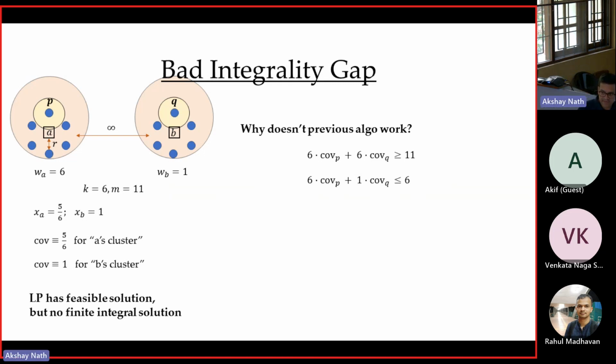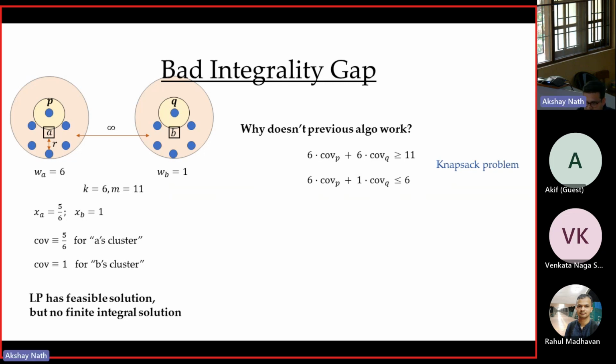And now, in a generic instance, you start with a general instance, and you will end up with these 2 inequalities. What is the question that you want to solve? You want to open facilities whose total weight is at most 6, that's the right hand side of the second inequality, and profit is at least 11. So that is actually enough.